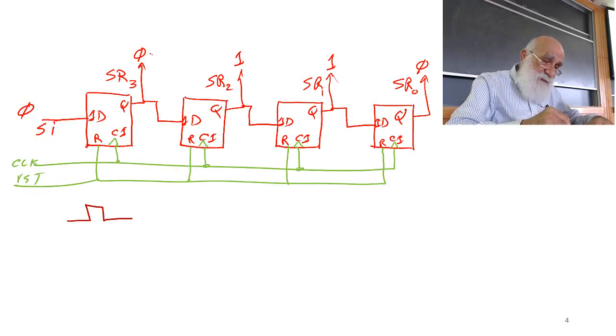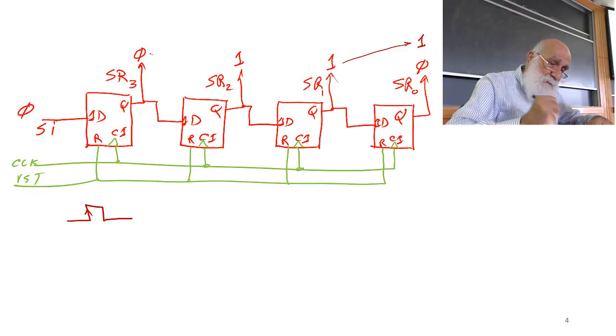The rightmost, and this is a rising edge, the rightmost flip-flop is going to take a 1, which is sitting at its input. Okay, and this is this one. The flip-flop to the left is going to take this one and put it here.